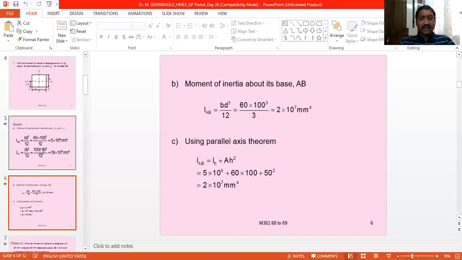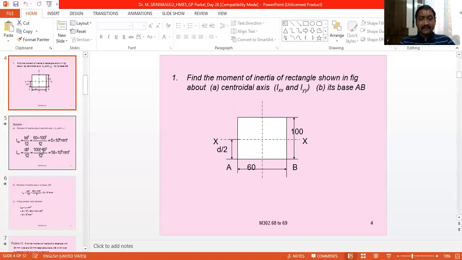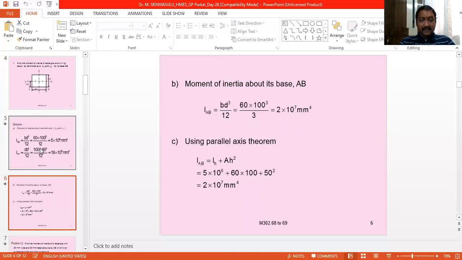H is the distance between AB and XX, that is D by 2, that is 100 by 2, which is 50. Substituting the values, IAB is equal to 5 into 10 power 6 plus 60 into 100 into 50 whole square. So it is also equal to 2 into 10 power 7.